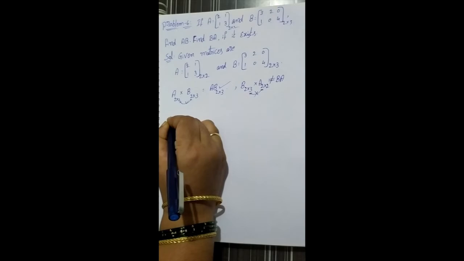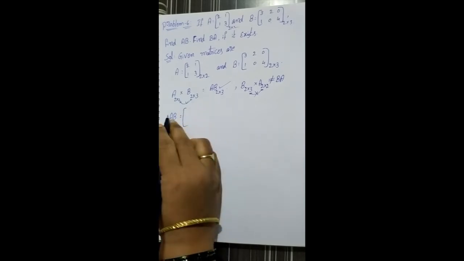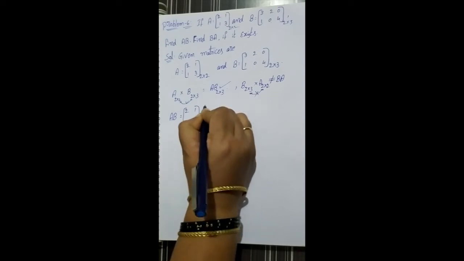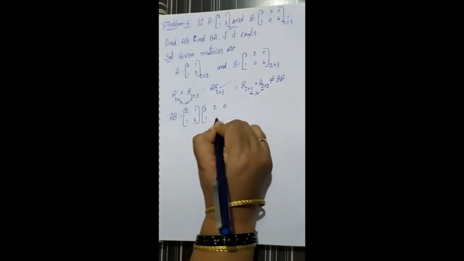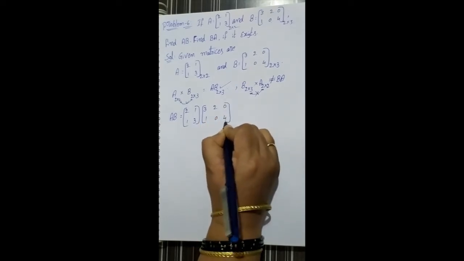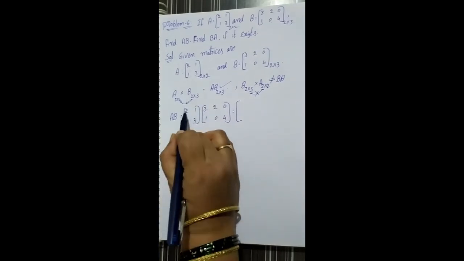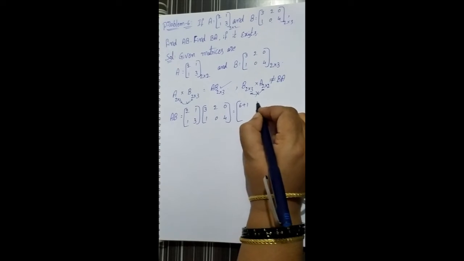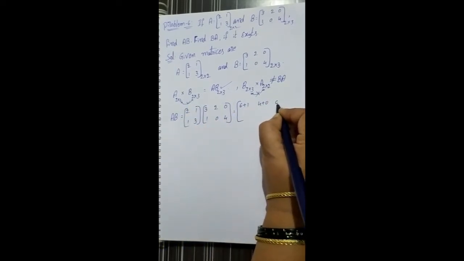Then AB value is AB equal to matrix A into matrix B, that is 2 1 1 3 into 3 2 0 1 0 4, is equal to first row first column 6 plus 1, 4 plus 0, 0 plus 4.